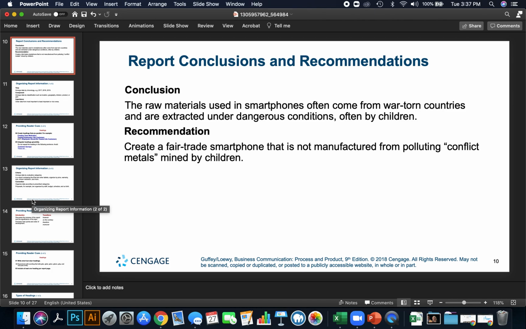It is straight to the point and draws upon a final conclusion. Whereas a recommendation example would be: create a fair trade smartphone that is not manufactured from polluting conflict metals mined by children. So the recommendation is different than a conclusion. Make sure that you understand the difference between both.